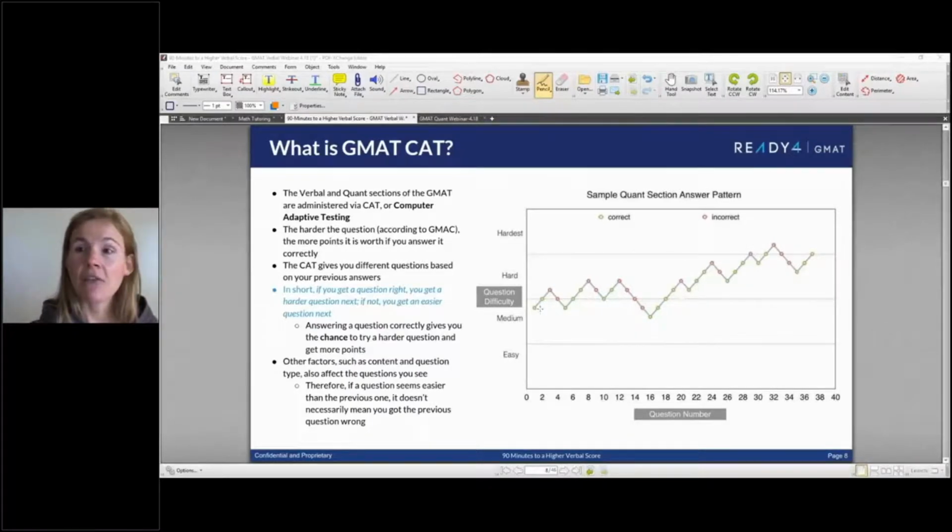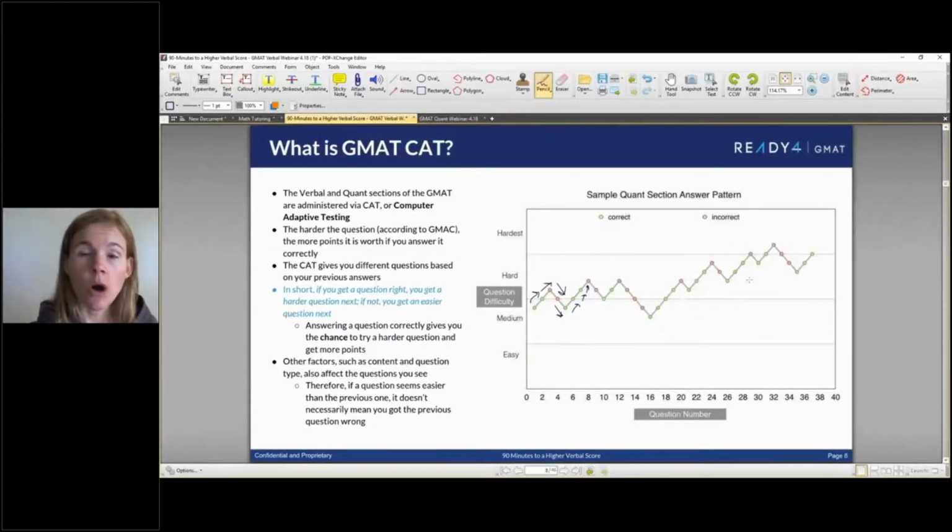The way a computer adaptive test like the GMAT works, it's adaptive by question, and what that means is that the first question that you see will be of medium difficulty. If you get that question right, you will get a harder question. If you get that question right, you'll get another harder question. If you get that one wrong, you'll get an easier question and another easier question until you start getting them right again. The idea here is that you will eventually end up at a score where you are getting them right about half the time.